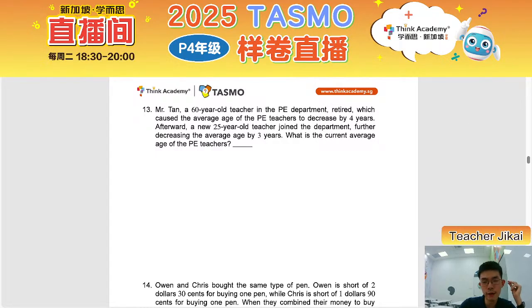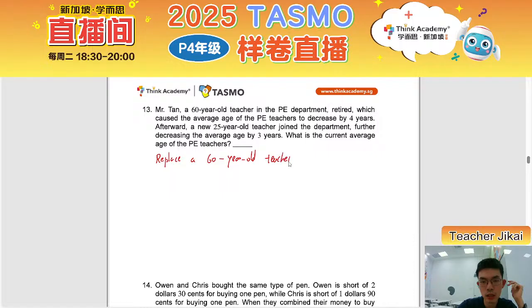Alright. Okay, question 13. It is a kind of average problem. So Mr. Tan left and a 25-year-old teacher joined. So it is like we substitute or replace a 60-year-old teacher with a 25-year-old.